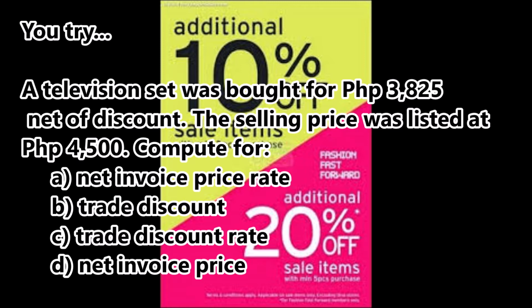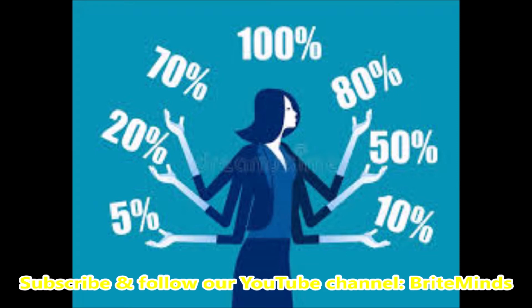Compute for A, the net invoice price rate, B, trade discount, C, trade discount rate, and D, the net invoice price. We will answer this problem at the end of this video.